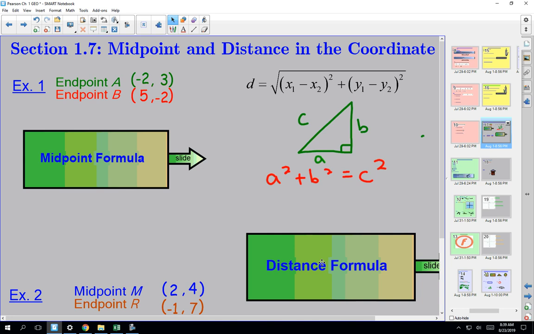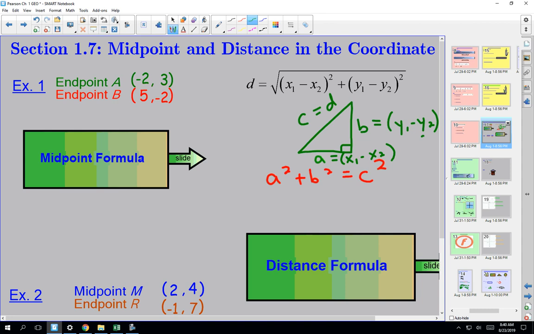In this case, what we're doing is we are saying that B is equal to y1 minus y2, and A is equal to x1 minus x2, and C is equivalent to d. That's all that we're saying.